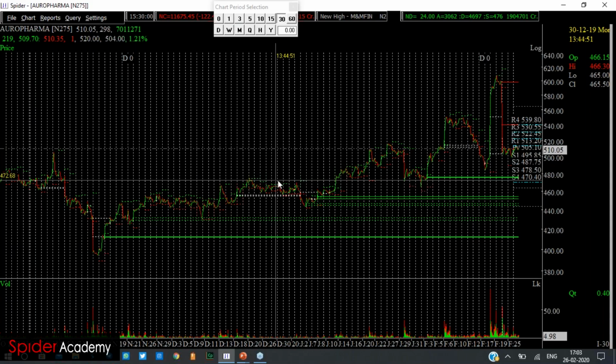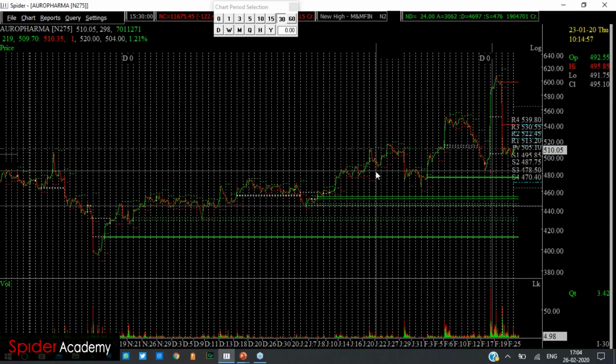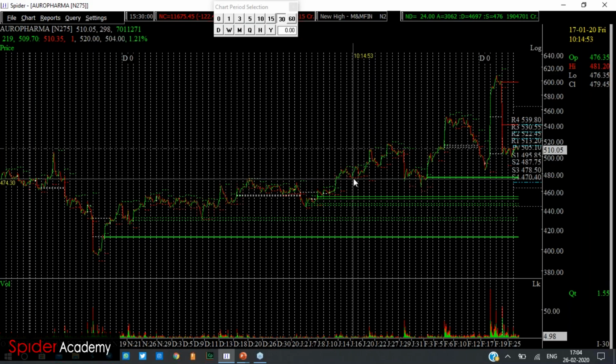When I had a breakout over here above that 475 level, the prices went up, came down to the same level, and then again moved up, right? So this even talks about a concept called change in polarity. Change in polarity is when your support becomes your new resistance and your resistance becomes your new support, which is over here, where my resistance at the 475 level became my new support for Oro Pharma on an intraday chart.